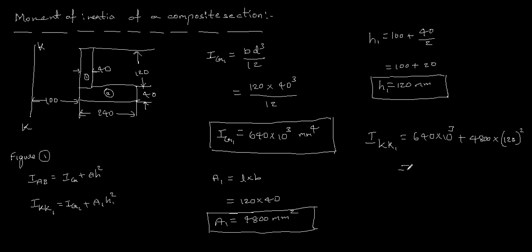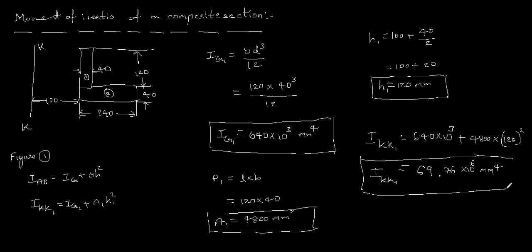When you calculate, the value will be 69.76 into 10 power 6 mm power 4, which is the moment of inertia of the first rectangle with respect to the required axis, which is the KK axis. So related to the first figure, the calculation is over.